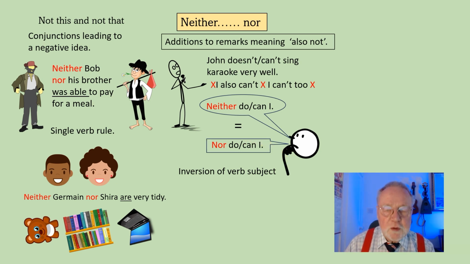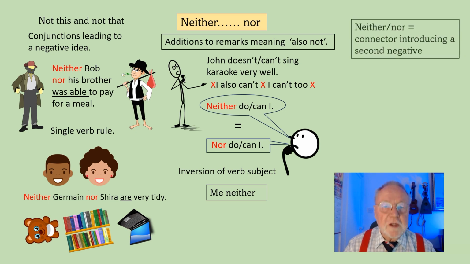Now here's a very useful little phrase for a tag to one of these replies like this. John can't sing karaoke very well. Me neither. You have to put a bit of emotion into this one. Me neither. Very useful and very common in English.